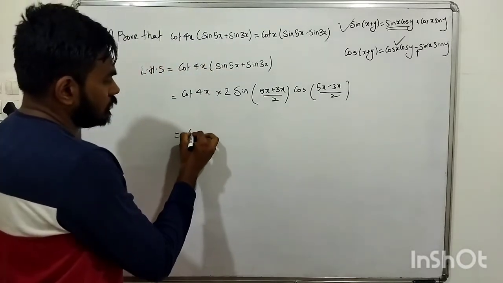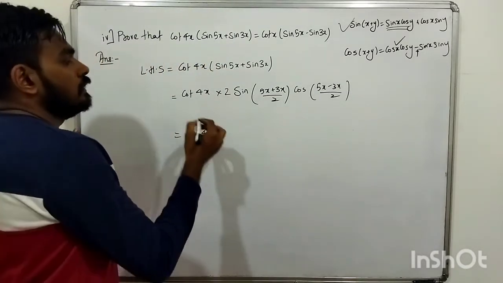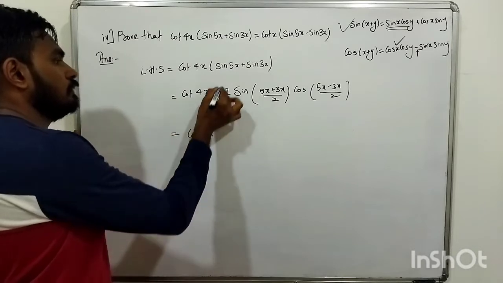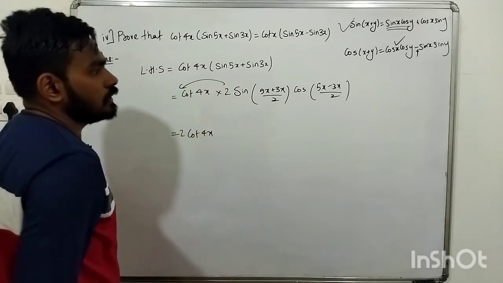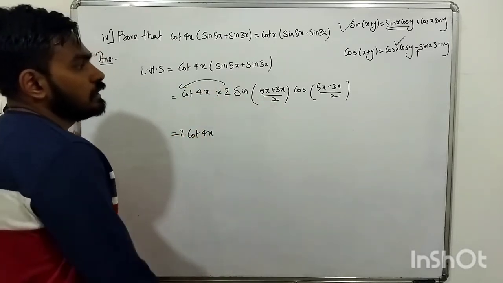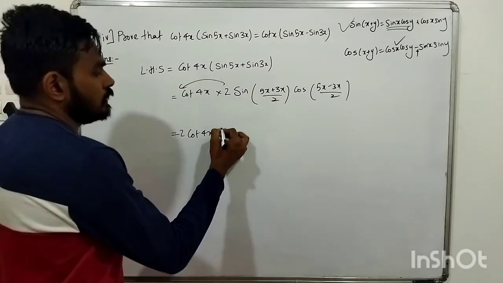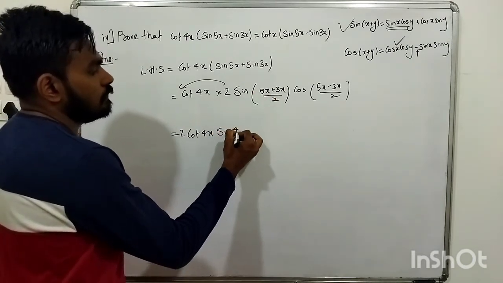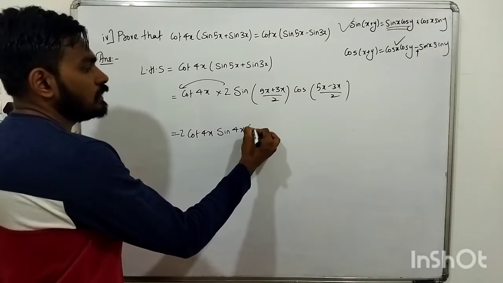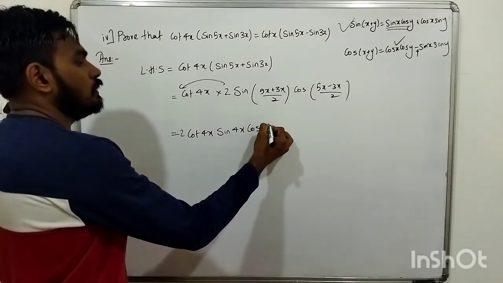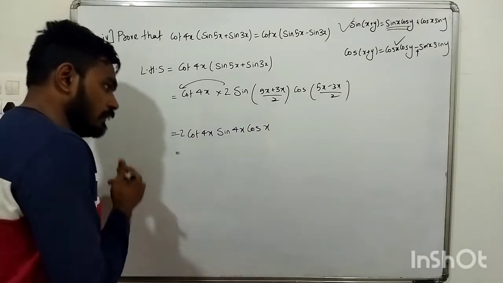So cot 4x into 2 sin(8x/2) is sin 4x into cos(2x/2), so cos x. Now we'll simplify this.